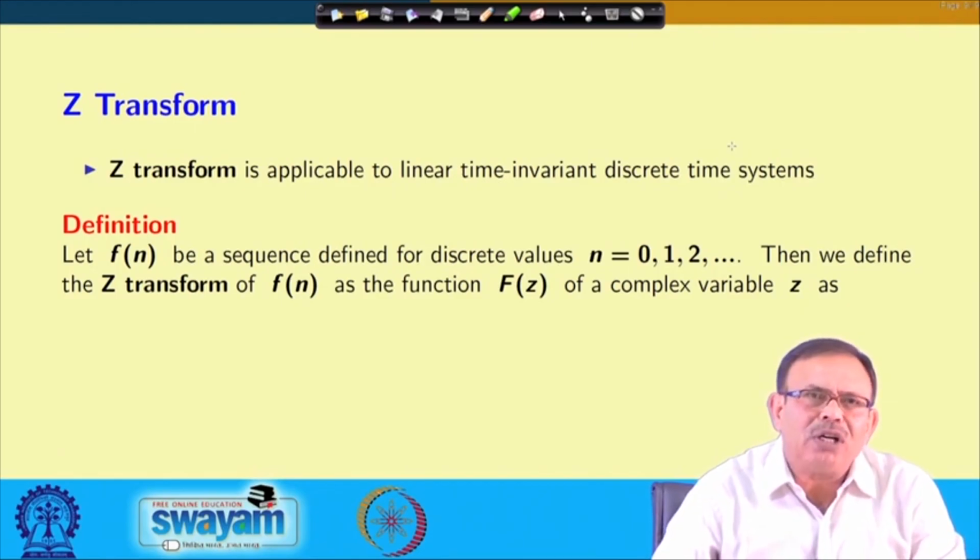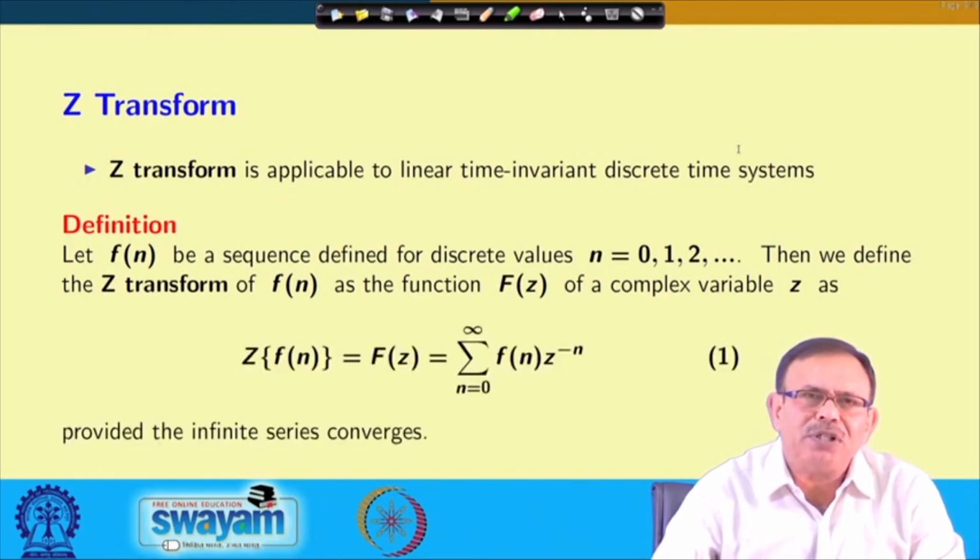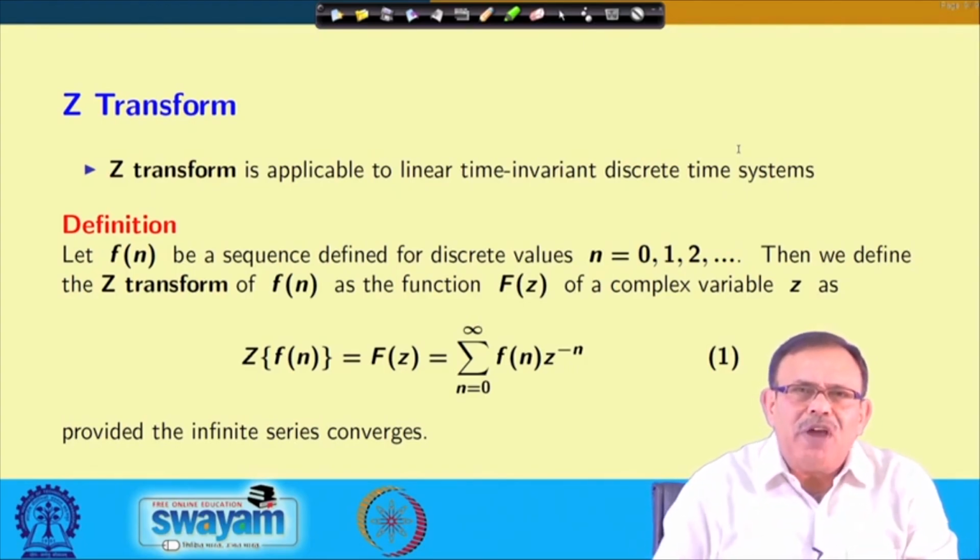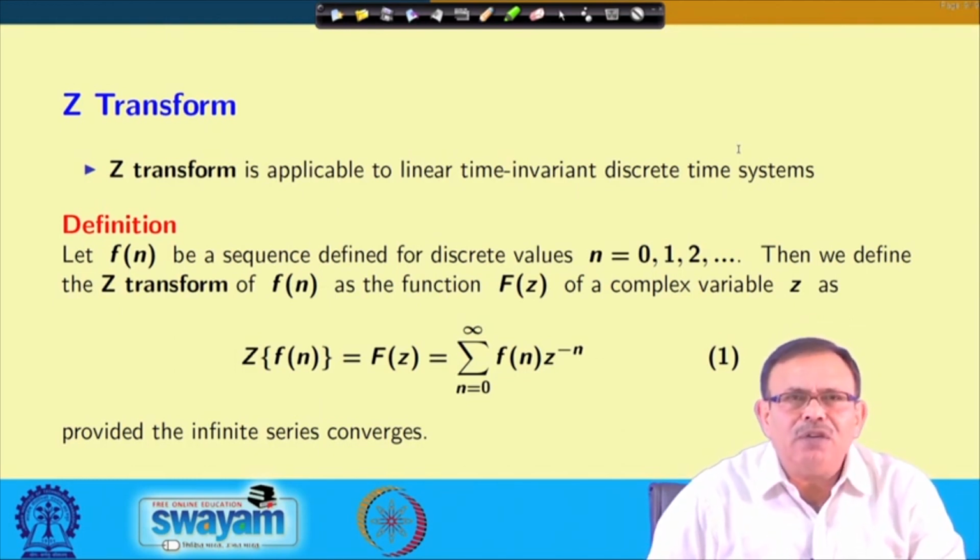The function f n is a sequence and z transform of f n is a function of z, where z is a complex variable, and which is defined as z transform of f n, which we are writing as capital F z equals summation n equals 0 to infinity f n z to the power minus n, provided the infinite series converges.